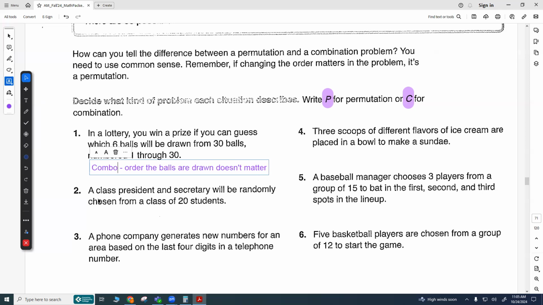Okay, all right. Number 2. A class president and secretary will be randomly chosen from a class of 20 students.